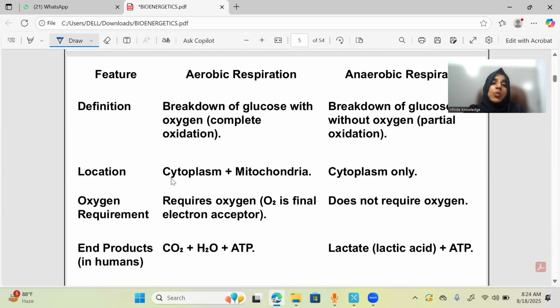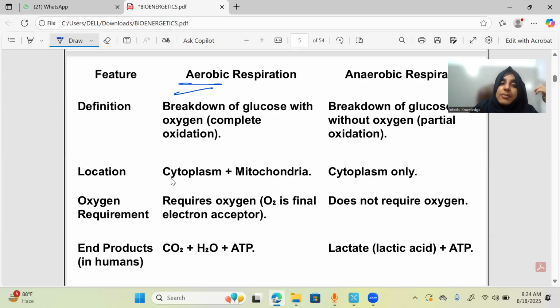Now we are moving on to two different kinds of respiration, which are aerobic and anaerobic respiration. First, I'm going to give you a brief overview of all of these things so that it builds a foundation for you. After that, in the next part, we are going to do complex cycles as well. Now what do you mean by aerobic?